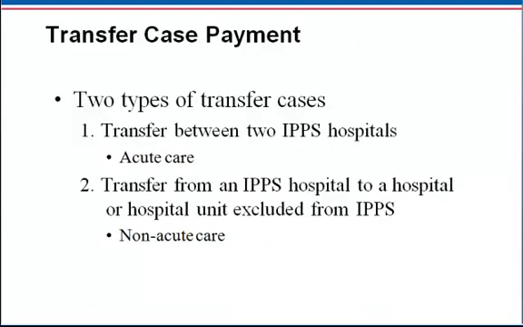There are two types of transfer cases under the inpatient prospective payment system. One is a transfer between two hospitals, and the second type is a transfer from a hospital to a hospital or a unit that is not part of an inpatient prospective payment system, so a non-acute care setting.